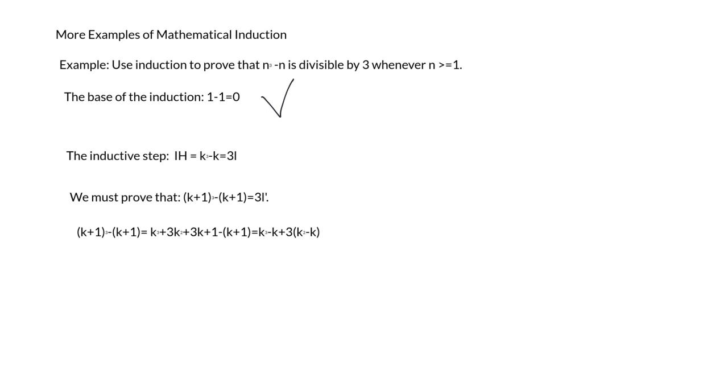But we know by the induction hypothesis that k cubed minus k is 3 times L. So I just put it there. Therefore, this will be 3 times L plus 3 times the rest.